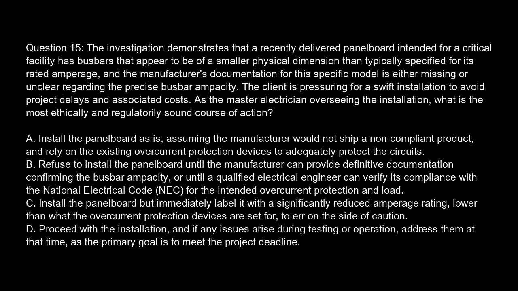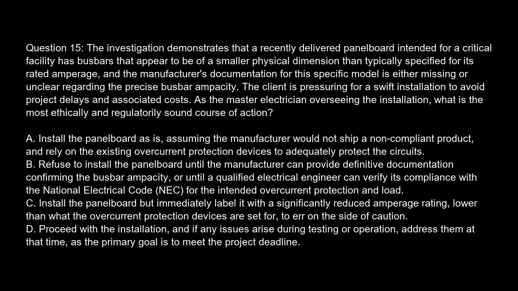Option A. Install the panel board as is, assuming the manufacturer would not ship a non-compliant product, and rely on the existing overcurrent protection devices to adequately protect the circuits. Option B. Refuse to install the panel board until the manufacturer can provide definitive documentation confirming the busbar ampacity, or until a qualified electrical engineer can verify its compliance with the National Electrical Code, NEC, for the intended overcurrent protection and load.